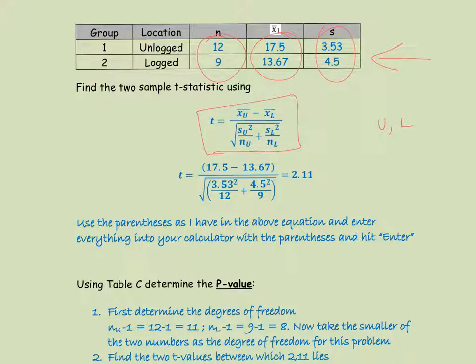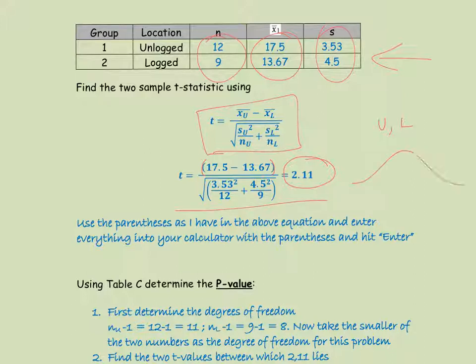I put parentheses here so that you can see that if it's entered exactly this way into your calculator, you get 2.11. So all we've done is plug in the numbers that we already had and the others that we got from our calculators, to find the T statistic.